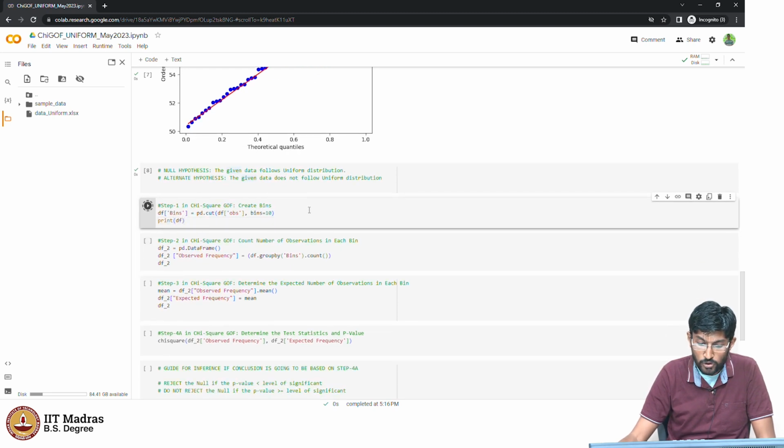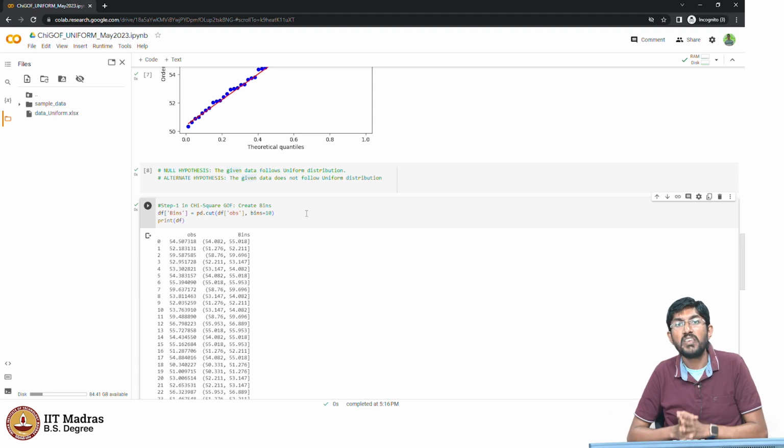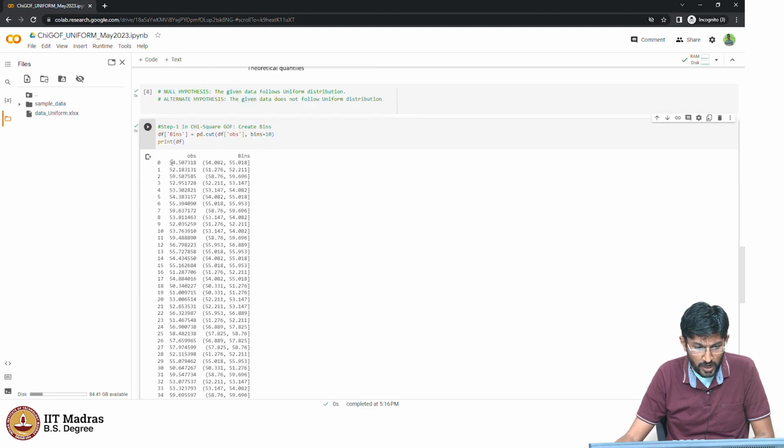So what I am going to do is cut this entire distribution into bins of equal length. Based on the minimum and maximum value, I am using this command called pd.cut, which is going to cut this entire data frame into bins and assign each of these observations to a particular bin.